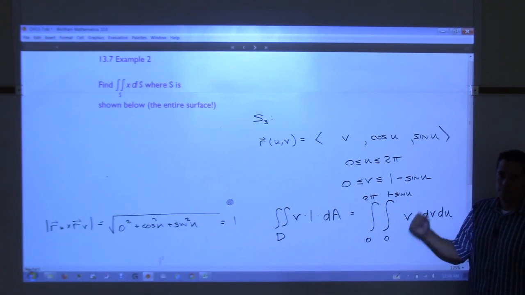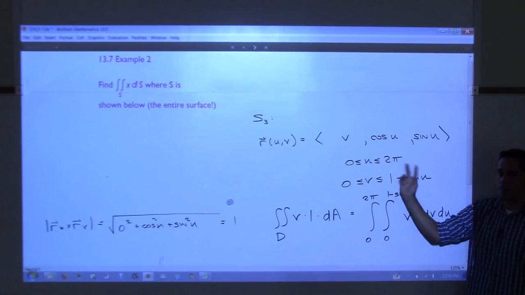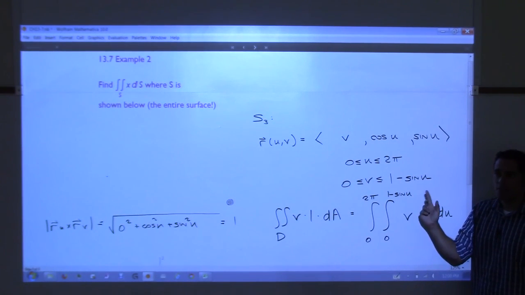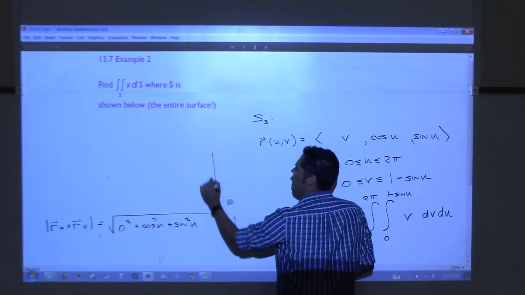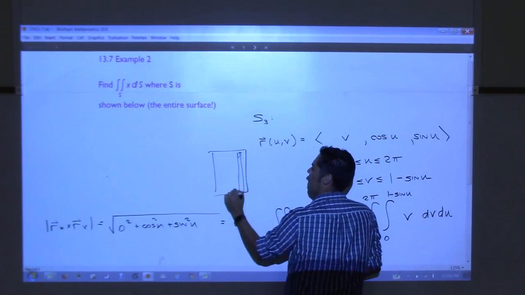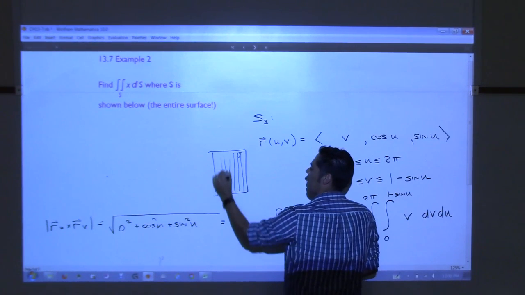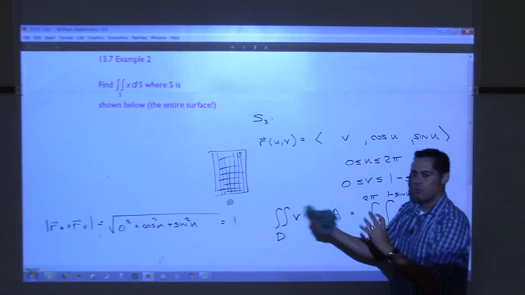Has to be. No switching. You can only switch when they're both bounded between constants. That's because when you're bounded between two constants, you're integrating over a rectangle. So it doesn't matter if you go up this way to add up all the areas, or you go over. It doesn't matter which way you go.